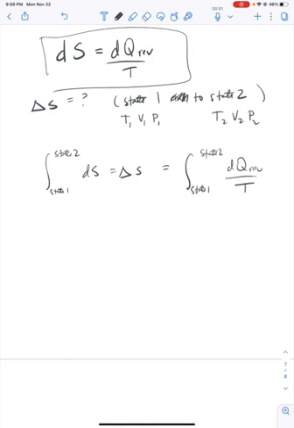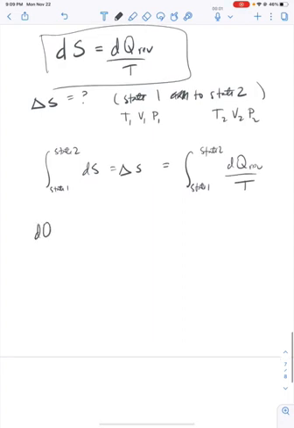Okay, so we want to get this dq reversible term to be something that we can actually deal with and actually integrate. So to do that, we want to recall our statement of the change in internal energy from the first law.